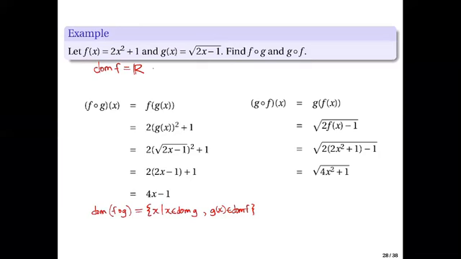For the domain of G, you have square root of 2x minus 1. So you need 2x minus 1 to be greater than or equal to 0. Okay? But this implies your 2x must be greater than or equal to 1, or this implies your x greater than or equal to 1/2.